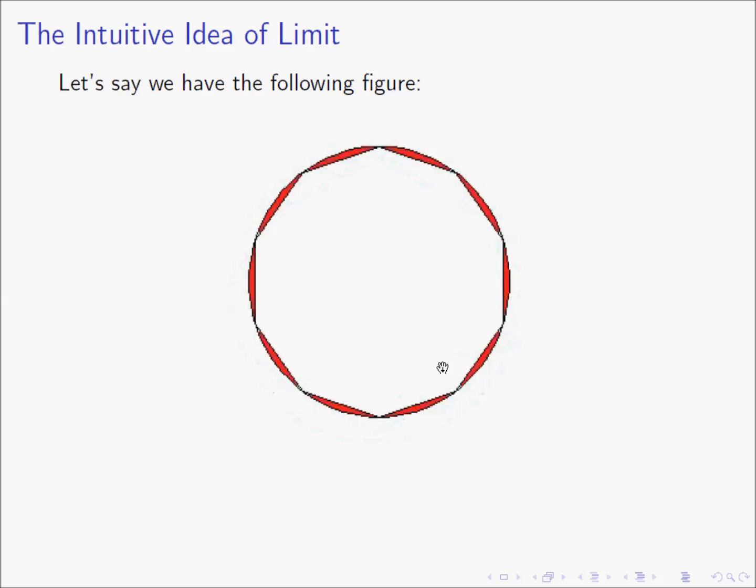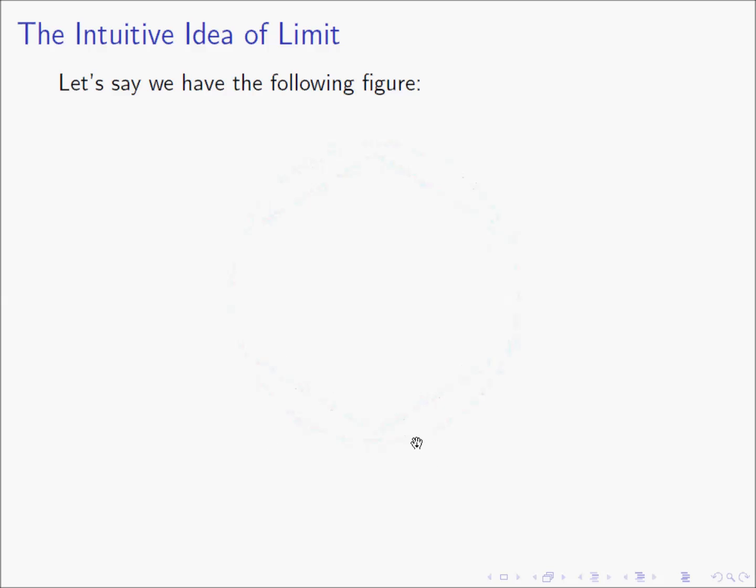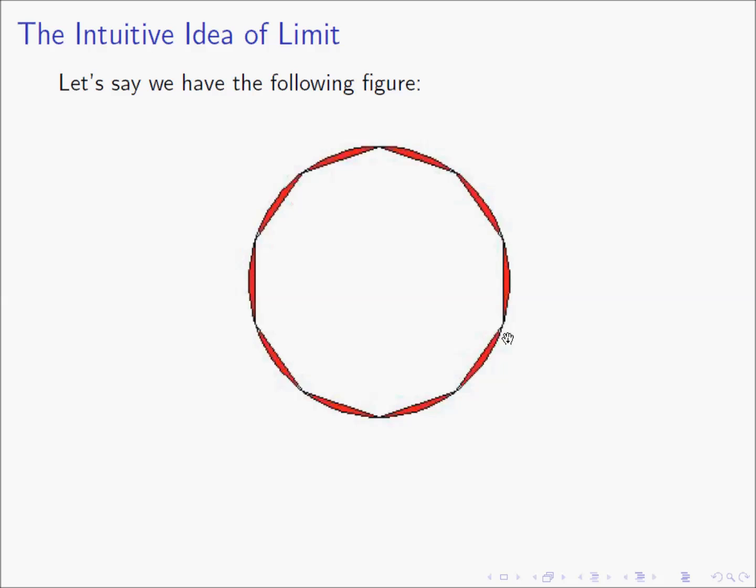So this is a first approximation. How can we make a better approximation? We can make a better approximation by increasing the number of sides of the polygon. If we increase the number of sides, we get a figure like this one here. We can see that the red areas decrease in size.